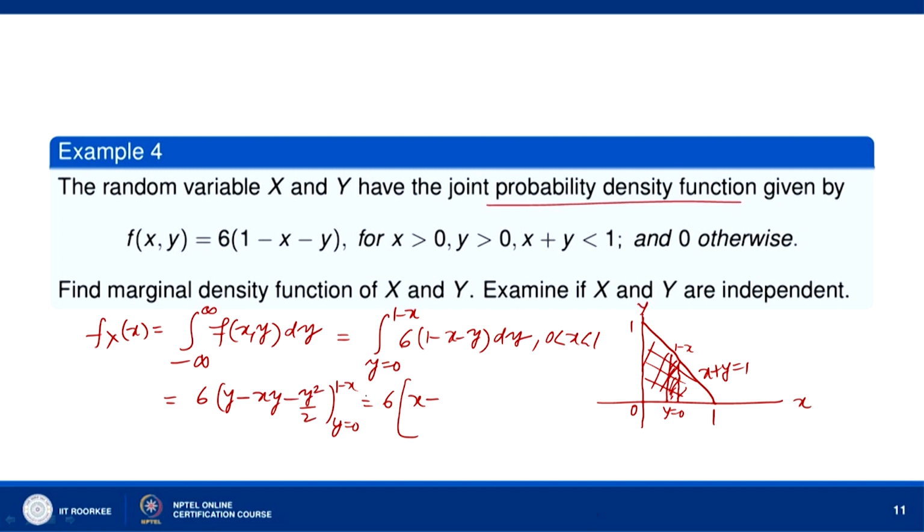So, y is equal to 1 minus x. So, we have 1 minus x here, and then x times (1 minus x), and we have minus (1 minus x) whole square by 2.